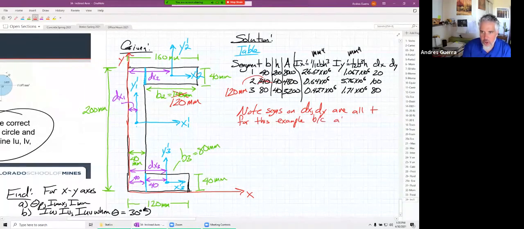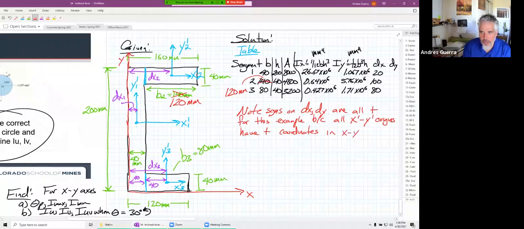Because all the x prime, y prime axes, or let's say all the x prime, y prime origins, have positive coordinates in the x, y system.